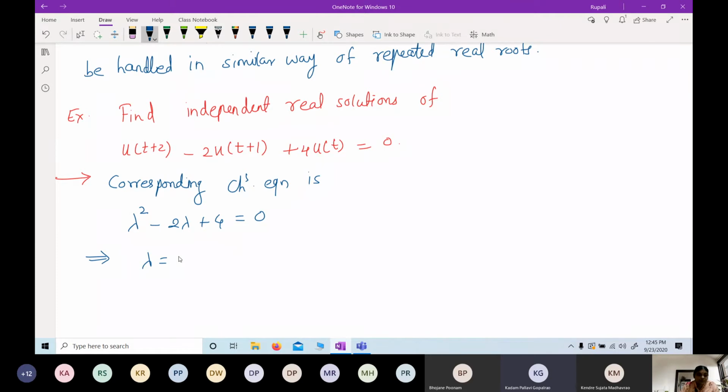Minus b means 2, plus or minus under root b square, b square is 4, minus 4ac, a is 1, c is again 4, upon 2 times a, which is 2.